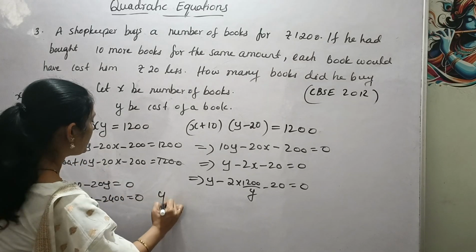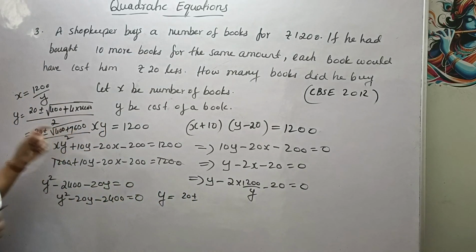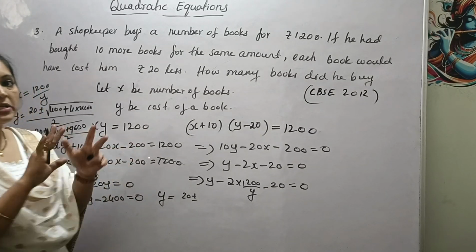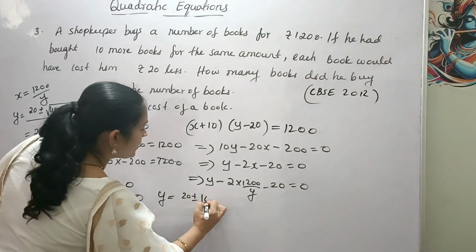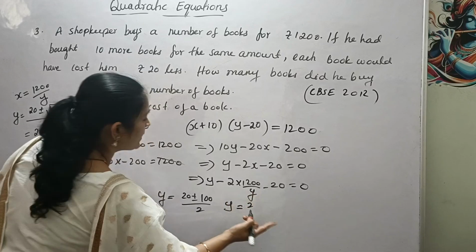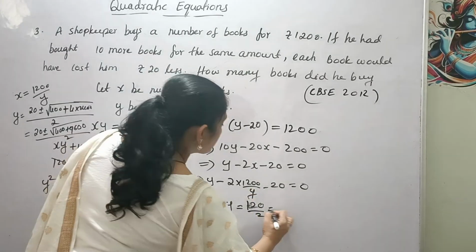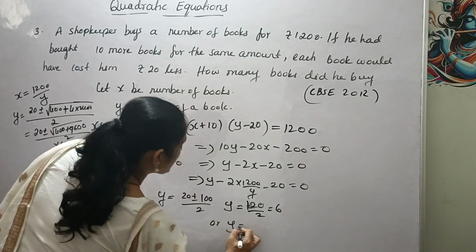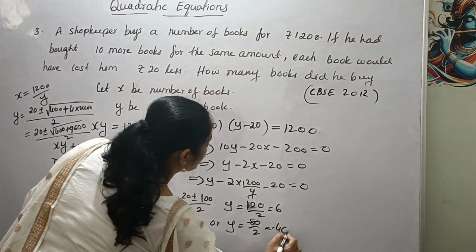Therefore, y is equal to 20 plus or minus the square root of 10,000. 10,000 means 4 zeros are there, so the square root is 100, divided by 2. That is, y is equal to 20 plus 100, that is 120, divided by 2 is 60. Or y is equal to 20 minus 100 is minus 80, by 2, that is minus 40.